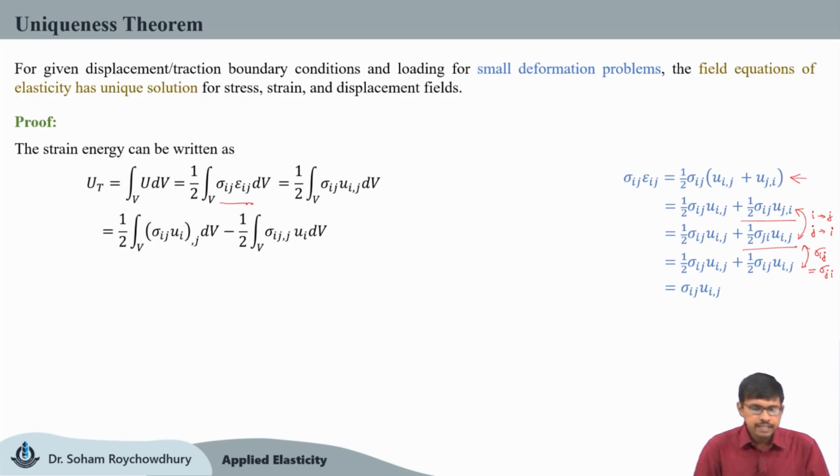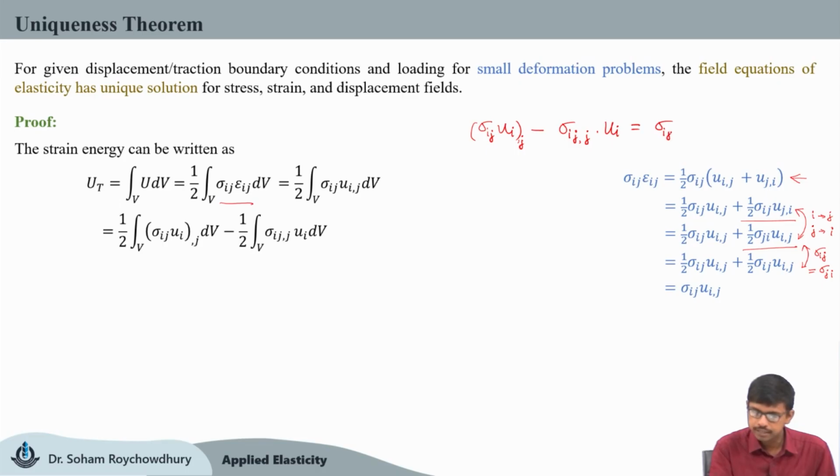Now, writing this sigma ij times ui comma j as sigma ij ui comma j minus sigma ij comma j times ui. Why? Because if you just take the derivative of sigma ij ui, this can have two terms.